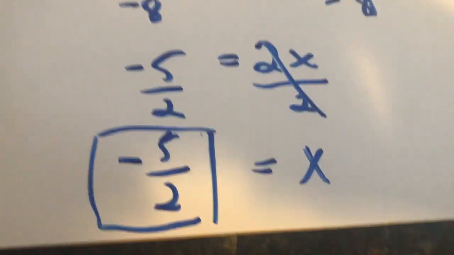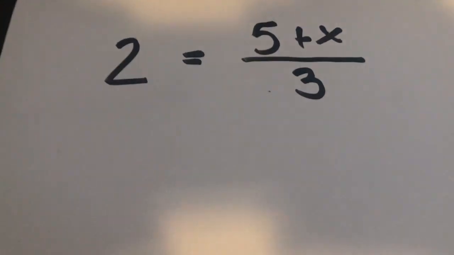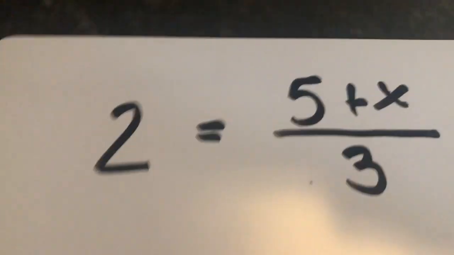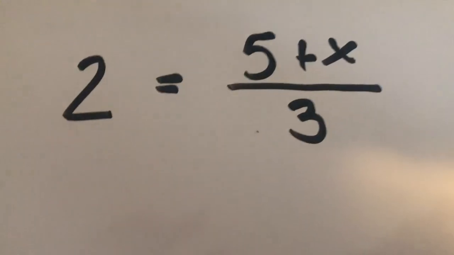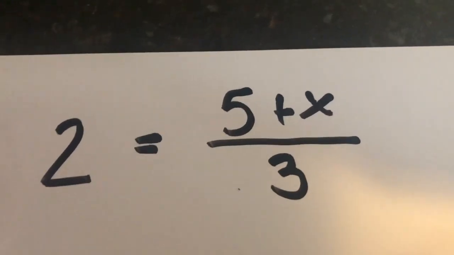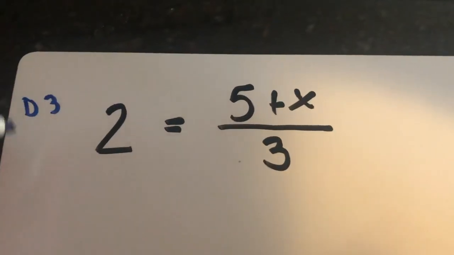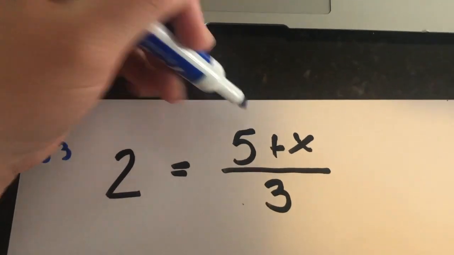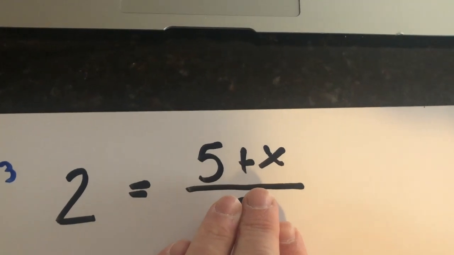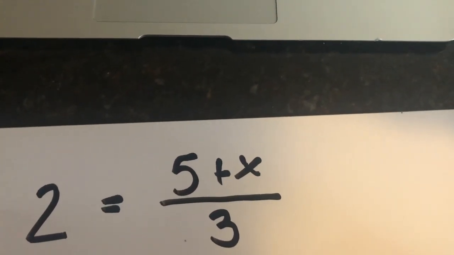All right. Very good. The third example that I want to look at is this one. Now notice again, we do have 2 issues why that x is not isolated. We have the division of 3, as well as, if you look at this, you can see that that's just a positive 5, which we would consider an addition of 5.